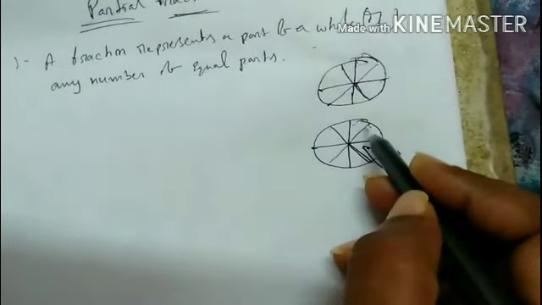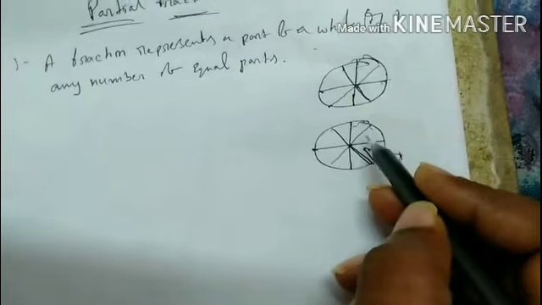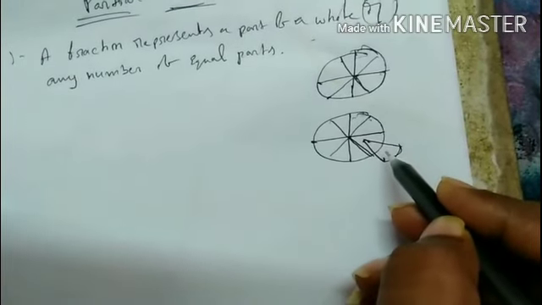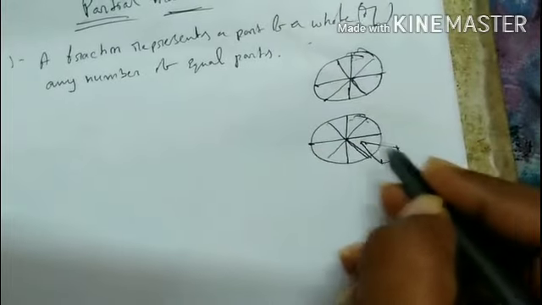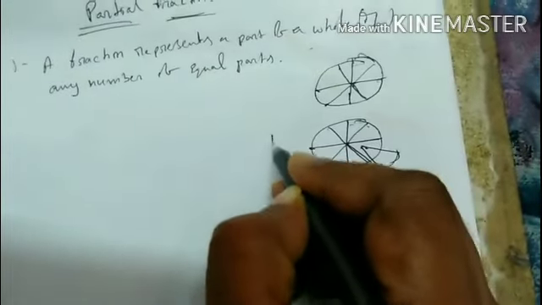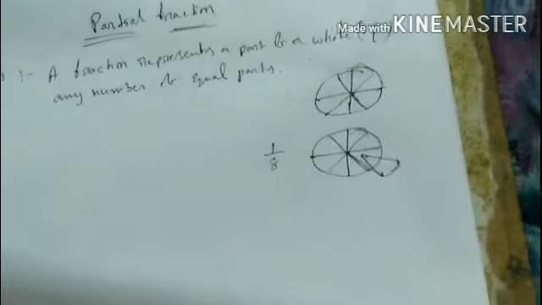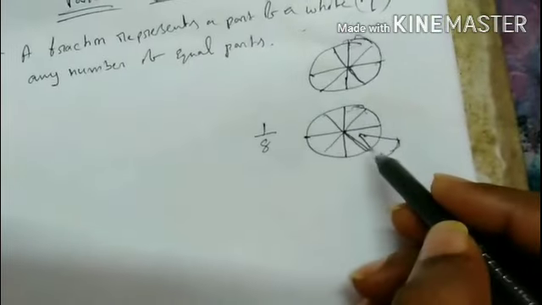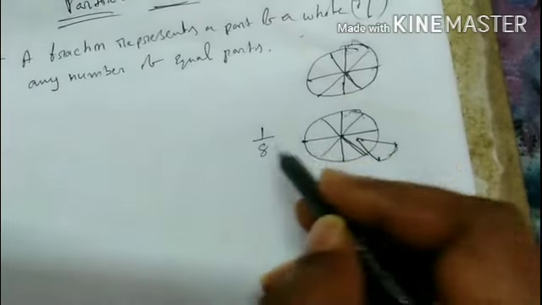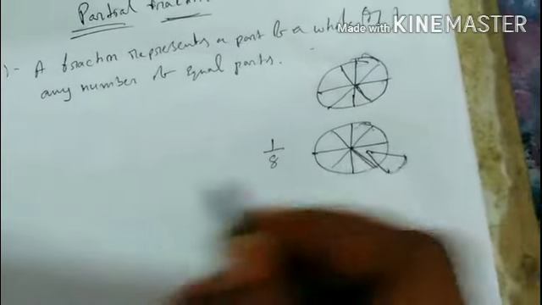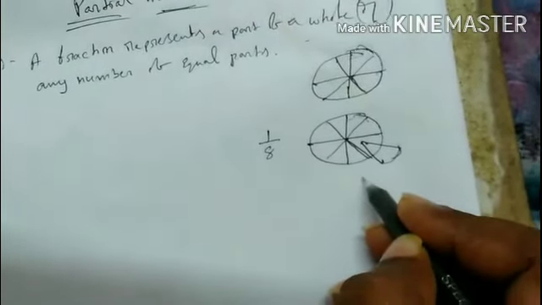So we have totally 8 equal parts, then we take only one. That's why it can be represented as 1 by 8. So if we have 8 equal parts and we take 1 part, it can be represented as 1 by 8.